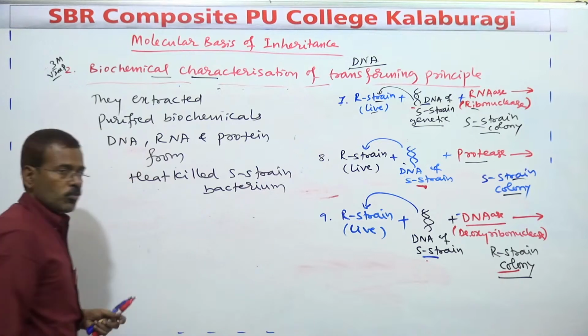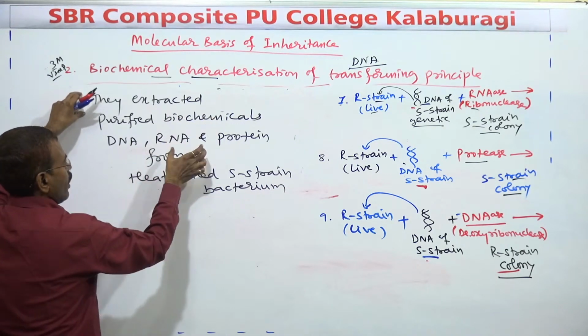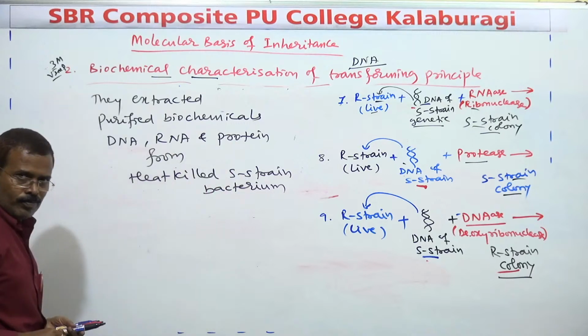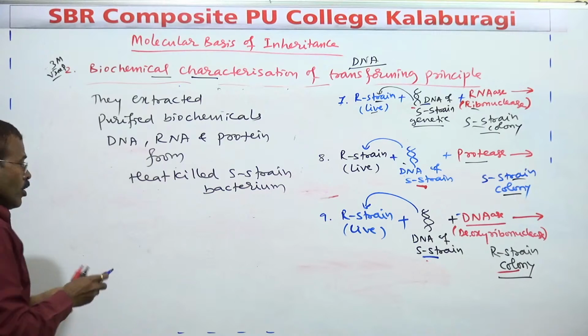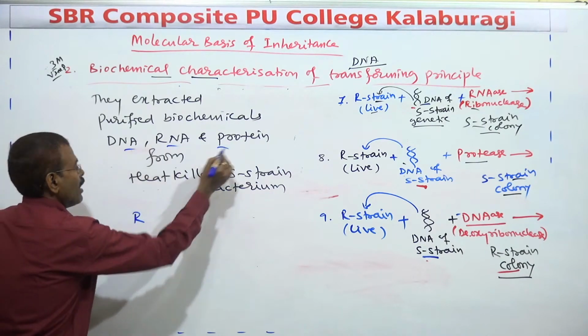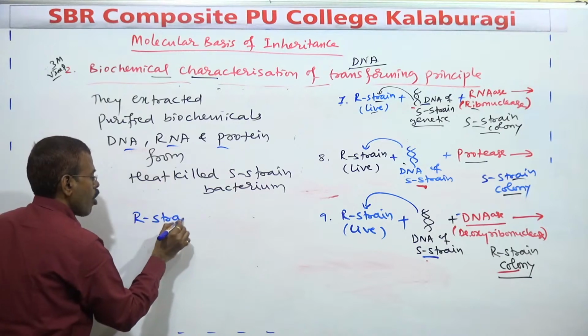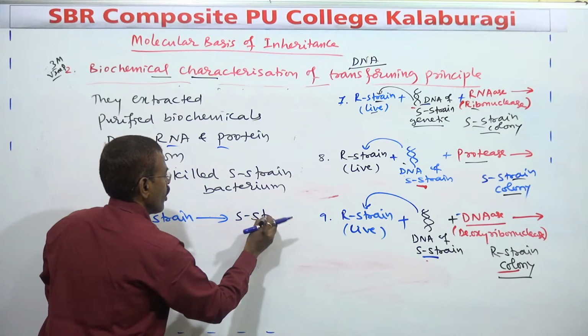From heat-killed smooth strain bacterium, they extracted purified biochemicals like DNA, RNA, and protein. So they wanted to know which material among the three is transforming the rough strain into smooth.